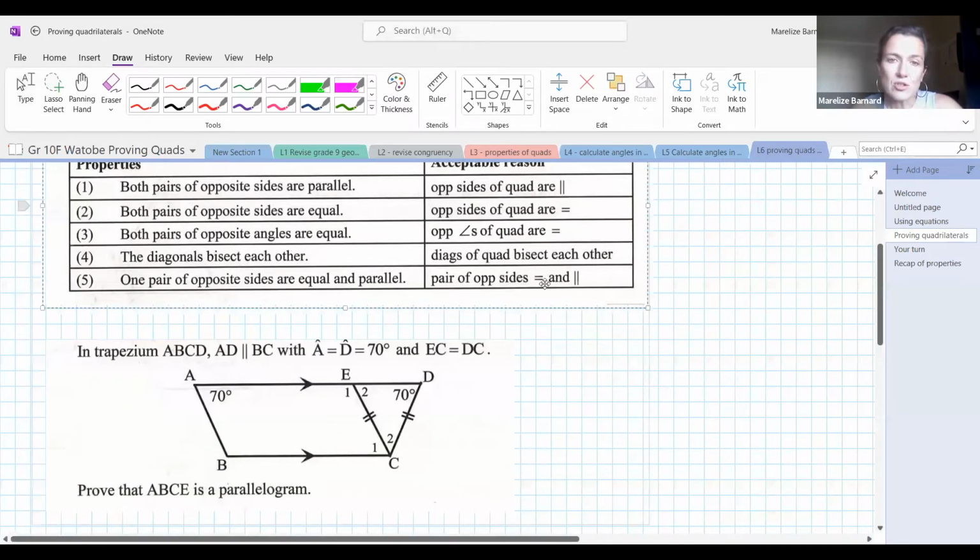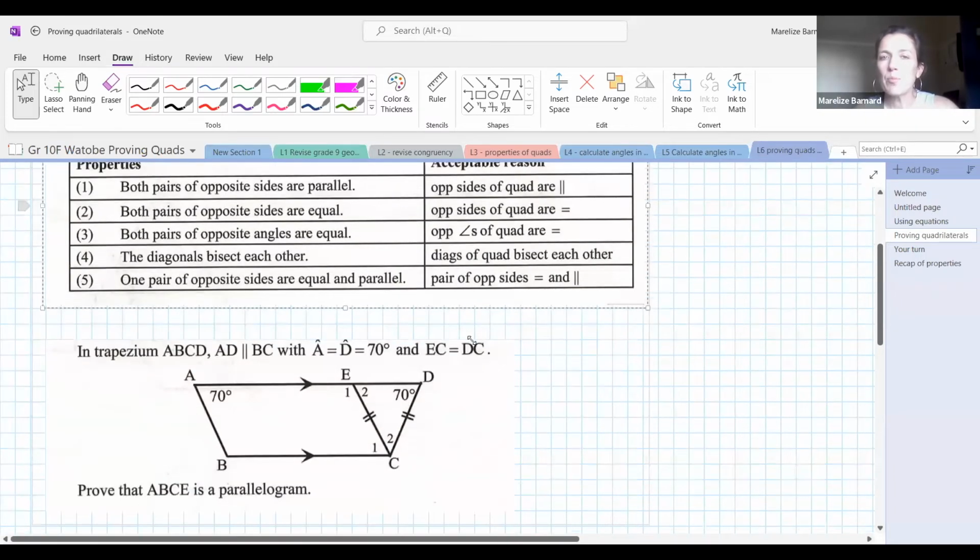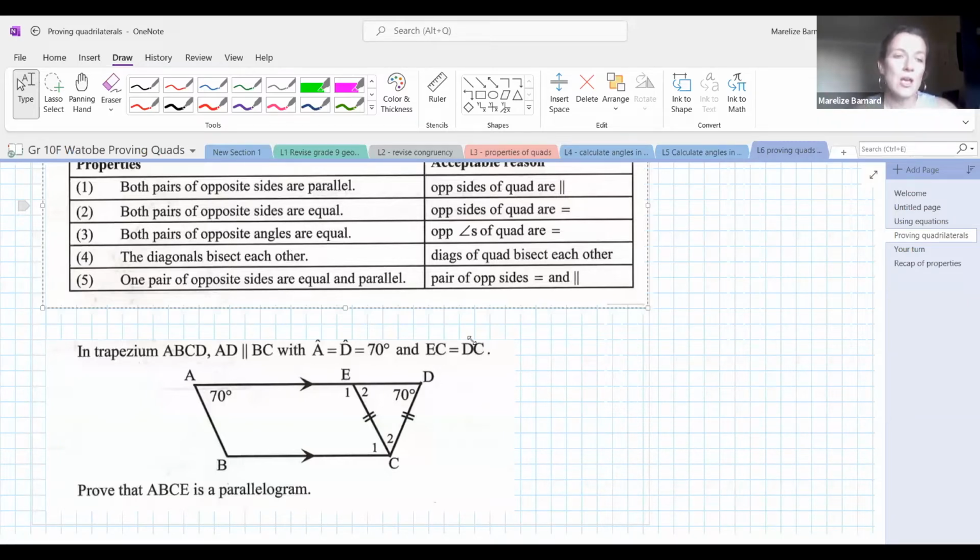So we said that to prove a parallelogram, we need to prove one of these properties. Okay, so we're not going to go crazy and try and prove all 5. We're just going to prove one property, because one is enough to then say that this shape is a parallelogram. Okay, so let's see. Again, remember that thing about what is given. We can only work with what is given and using other geometry.